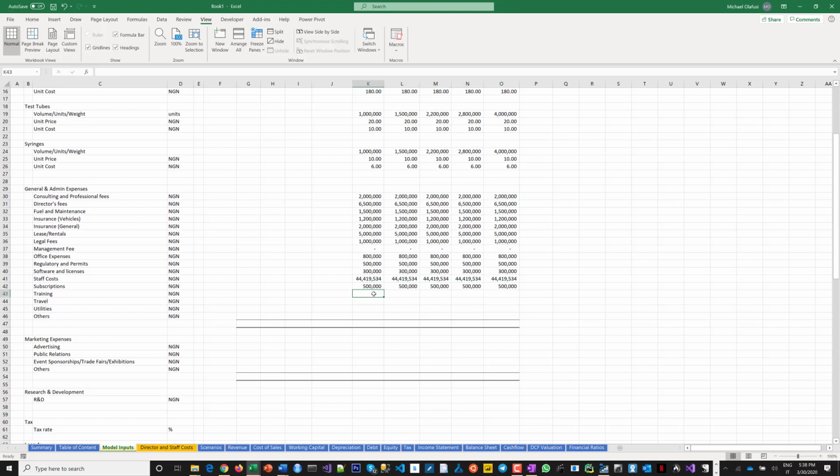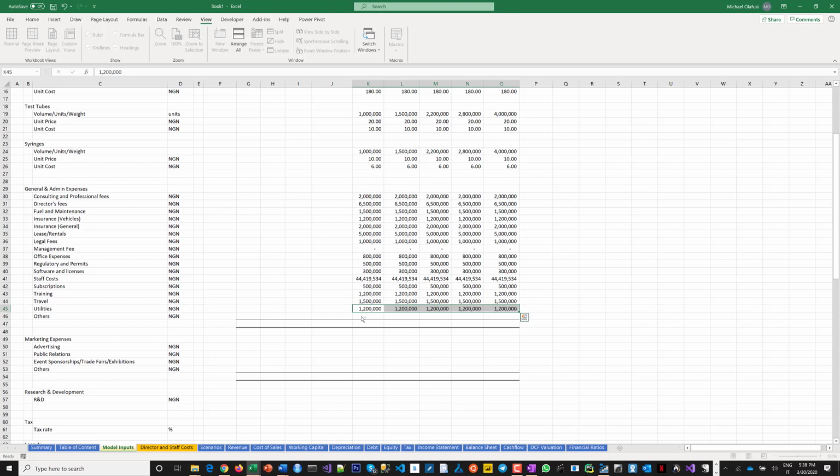Then for trainings of staff and the rest, maybe we'll peg that at some 1,200 annual. For travel and related expenses, maybe we'll peg that at 1.5 million a year. For utilities, water, telephone, maybe we'll peg that at 1,200 a year.